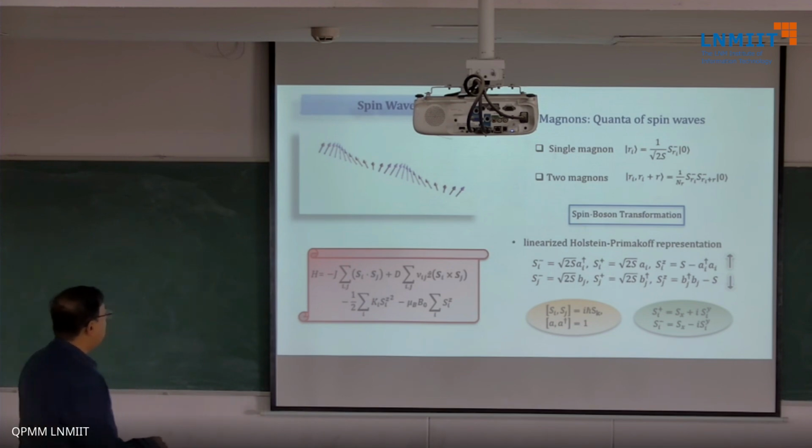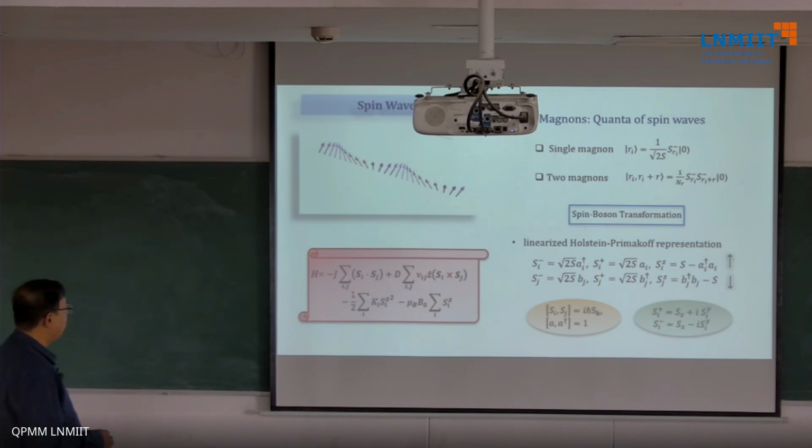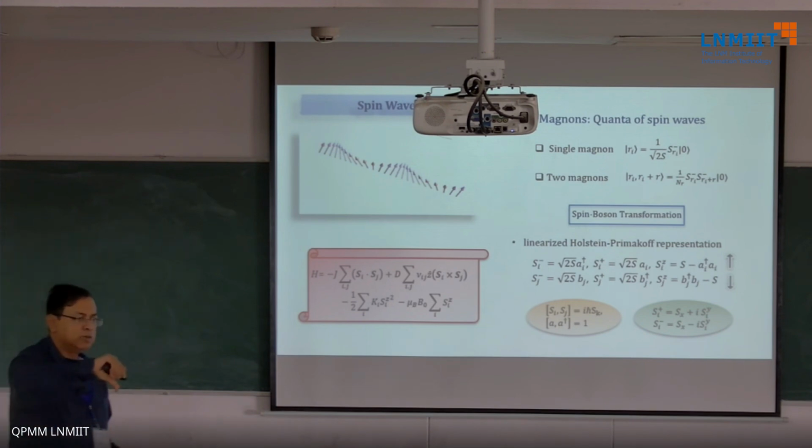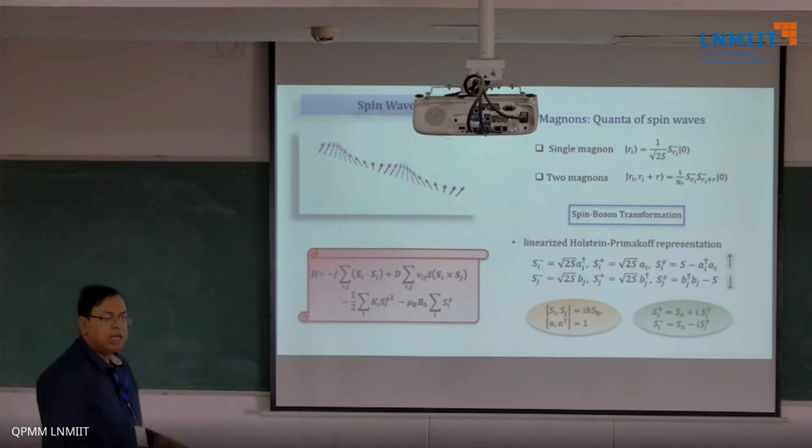Yeah, so you look at this Hamiltonian and see that it becomes hopeless for you to be able to solve it, because there are these terms which are S cross S, and there are S dot S, and so on and so forth. So you think about how to solve it, and what you do is that you introduce this concept of magnons. Magnons are nothing but the spin waves. And when you write it down, S minus is going to lower a spin at the site R_i on an ordered state.